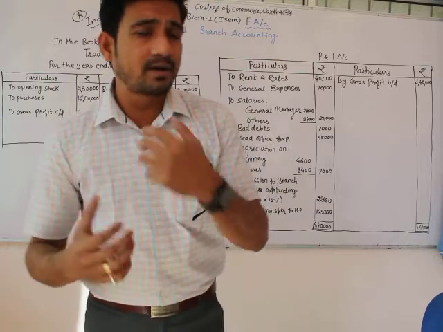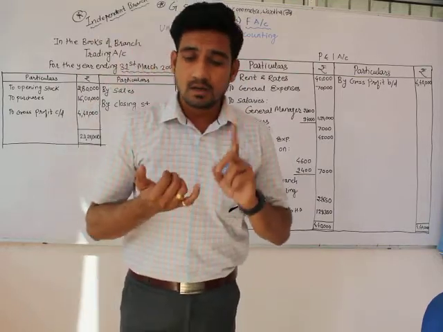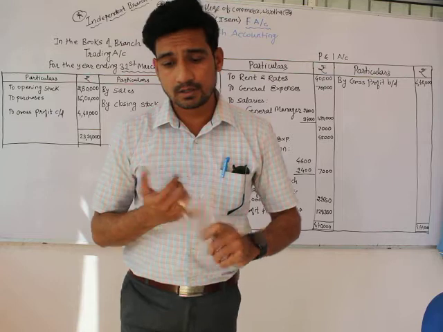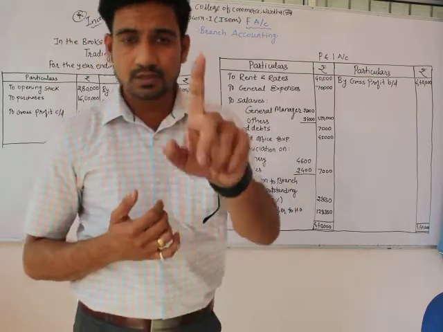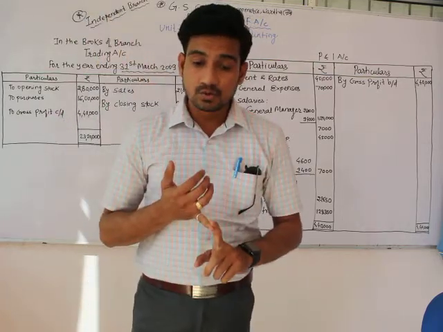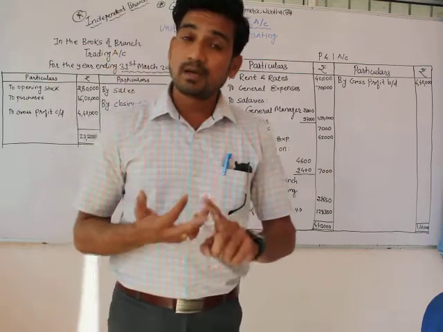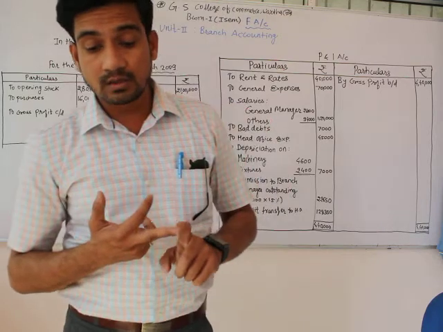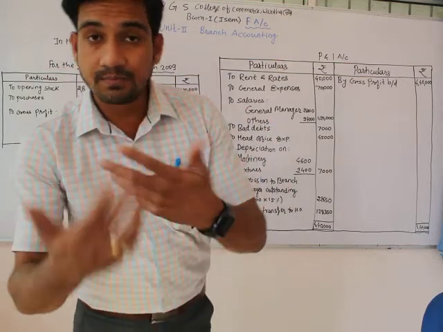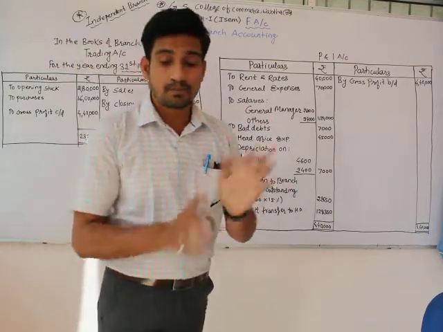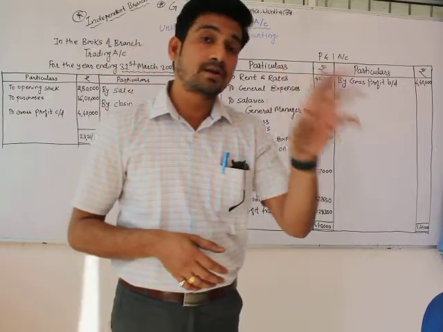So what is the prominent information in it? We have to charge head office expenses at the rate of rupees 45,000. This is the first information. Second, we have to provide a salary of 26,000 to the branch manager. Again, we have to further give him 15% commission, but before charging this commission, on the basis of net profit.